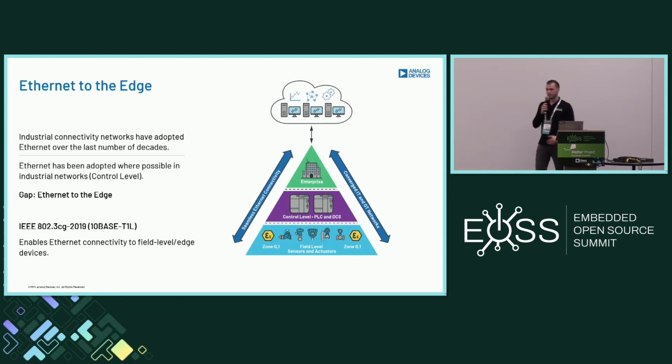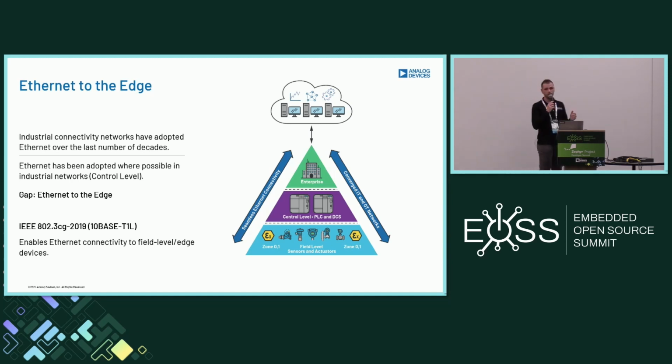So let me begin with some background into this technology and why it exists. I'm sure everyone here is familiar with the concept of Industry 4.0, the digitalization of industrial, factory and building automation environments. In general, there's a demand for more interconnected devices and data-driven decision-making.